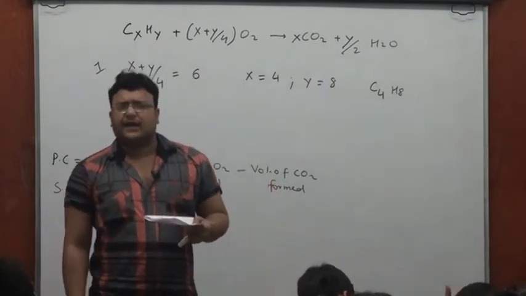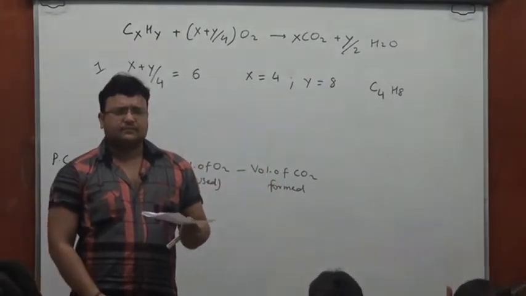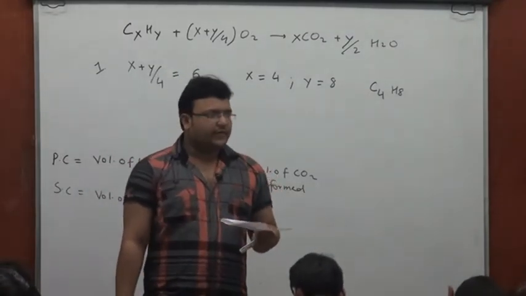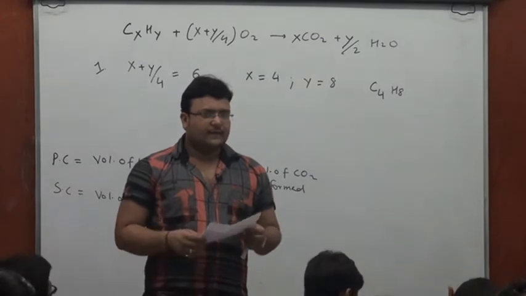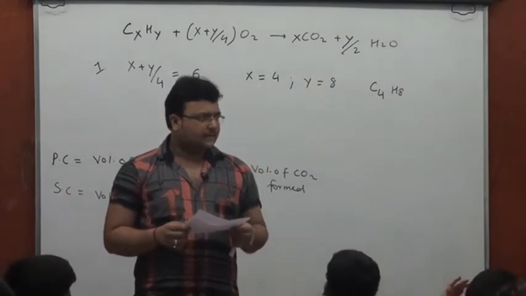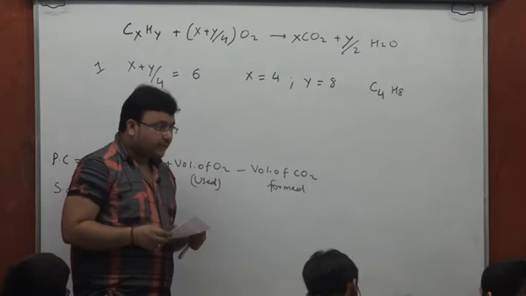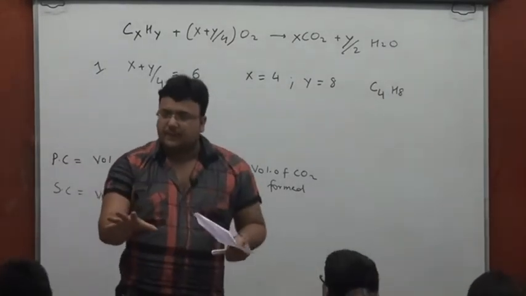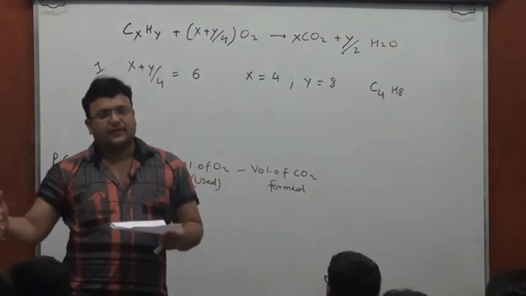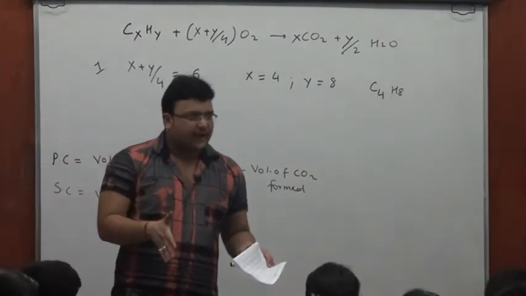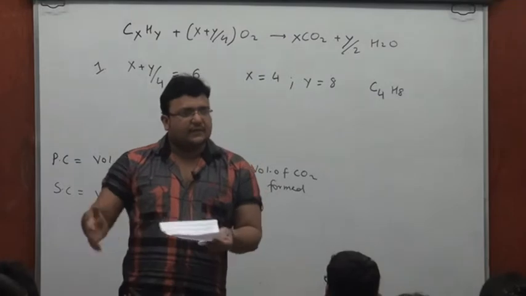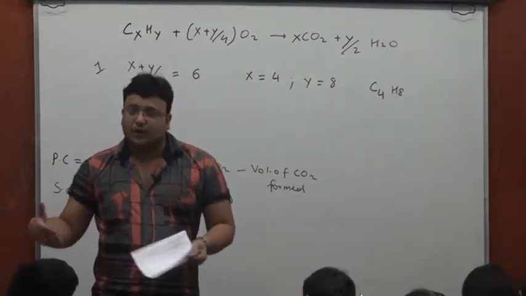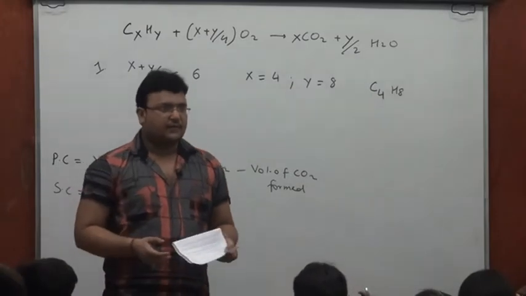So what's the primary contraction? 5 ml or 10 ml? Here you have 5 ml of hydrocarbon and 30 ml of oxygen, so the total volume is 35 ml. On cooling it becomes 25 ml, and 35 minus 25 is 10 ml.